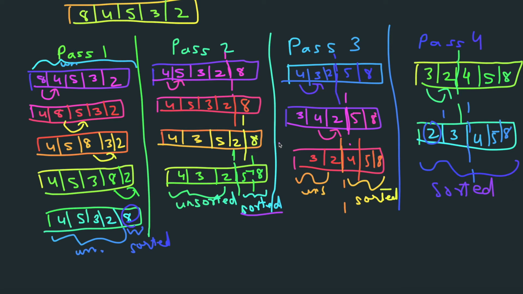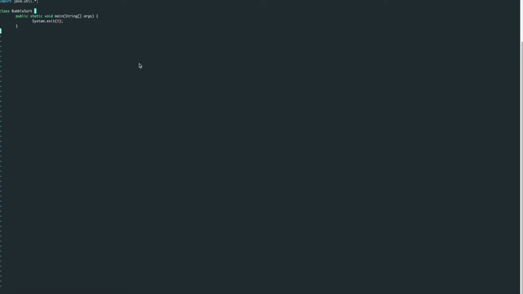Now let us see how we are going to implement it. We have a skeleton bubble sort class ready in front of us, so we are going to implement a method in this class. Let us name that method bubble sort. What that method does is it accepts an integer array, sorts it, modifies the array and returns it in sorted order.